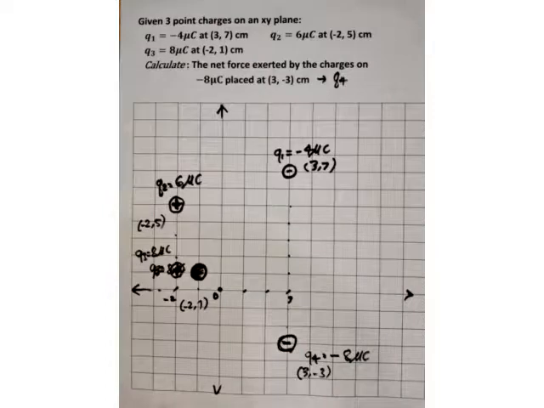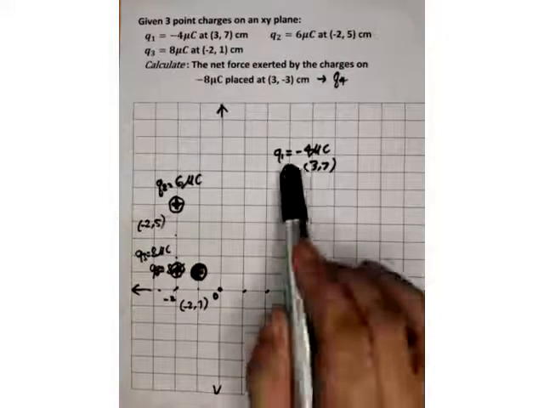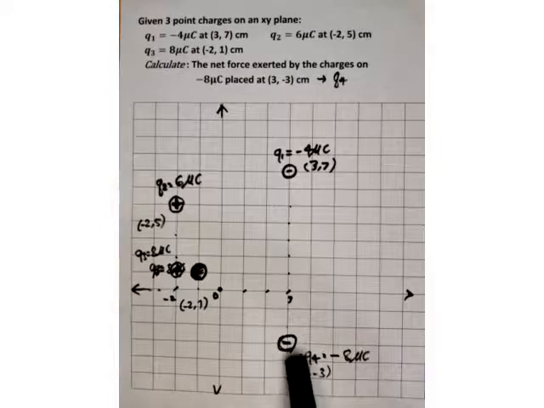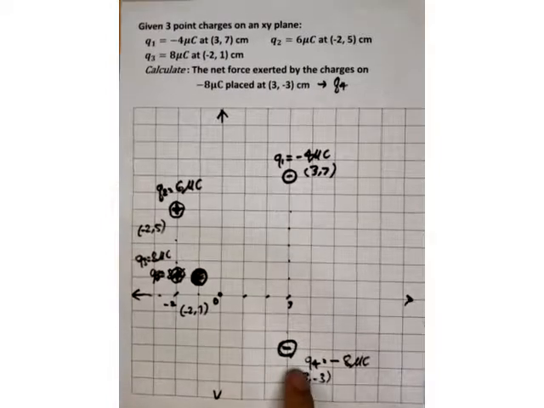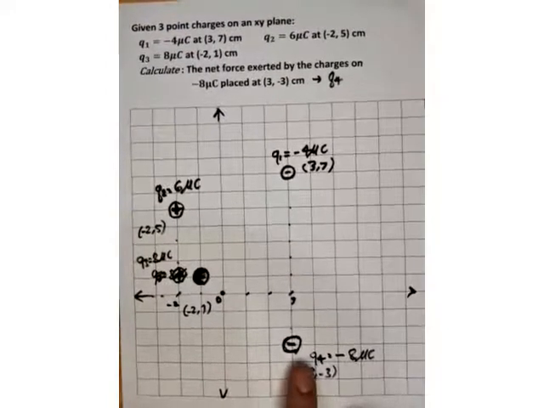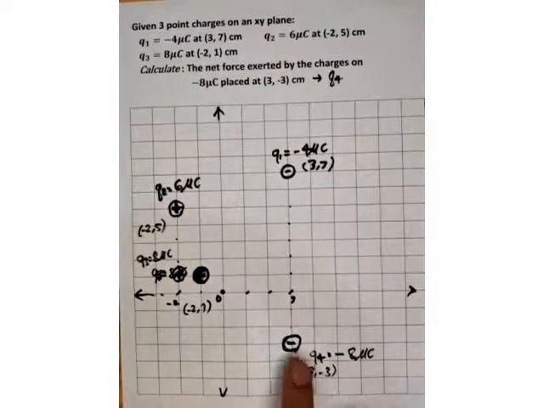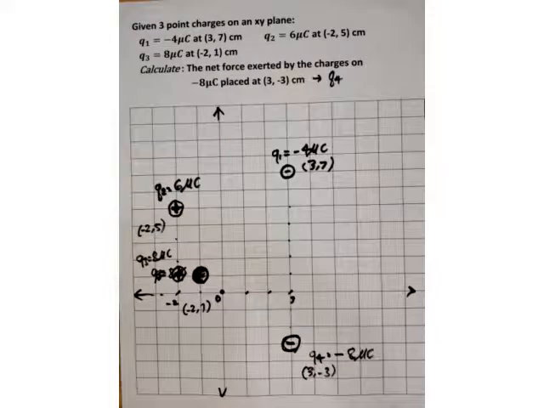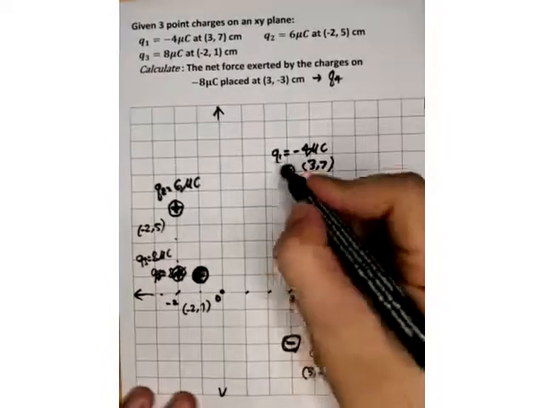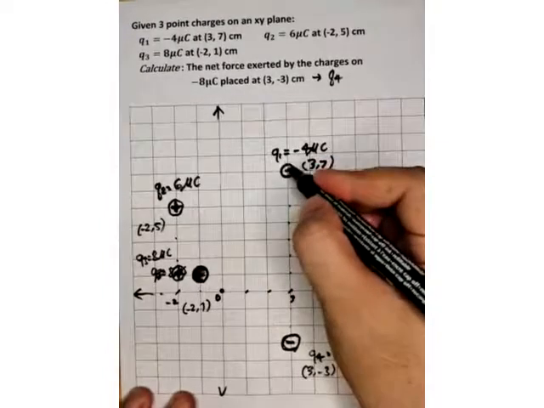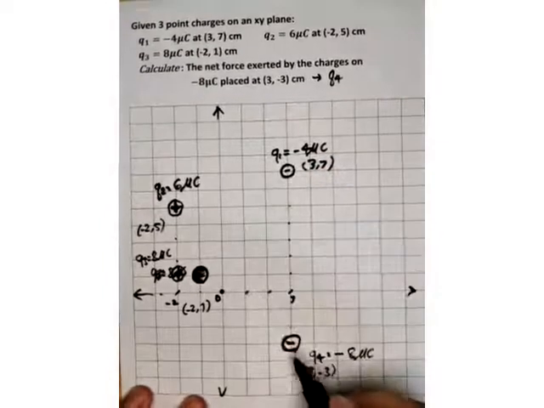Ang hinahanap natin is ano yung net force na i-exert ng tatlo dito sa charge natin na Q4. Okay, isa-isahin natin. Unahin na natin yung Q1. Anong klaseng force ang i-exert ng Q1 dito sa charge natin?